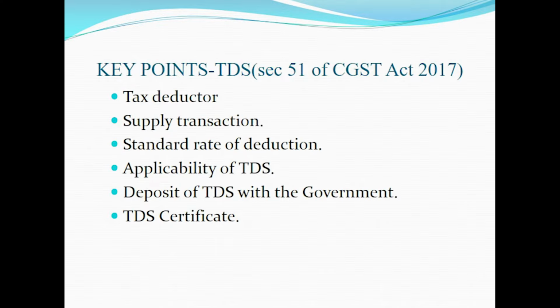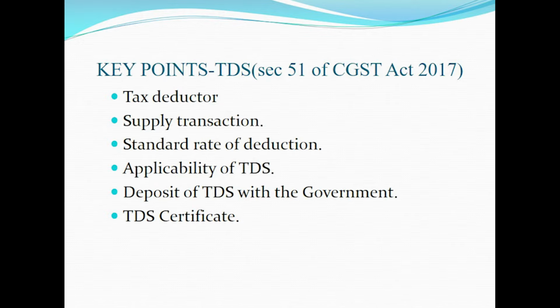The third key point is the standard rate of deduction. The rate of deduction is notified by the government and ranges from 1% to 2%. The next important key point is the applicability of TDS. The government has notified certain provisions under Section 51 of the CGST Act 2017 with regard to the applicability of TDS.